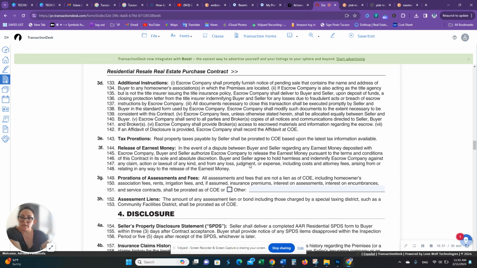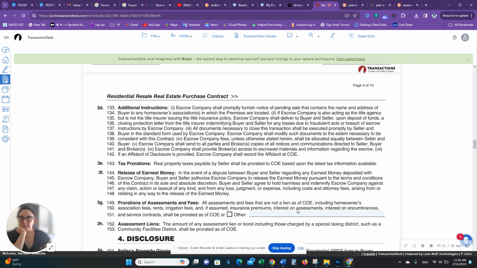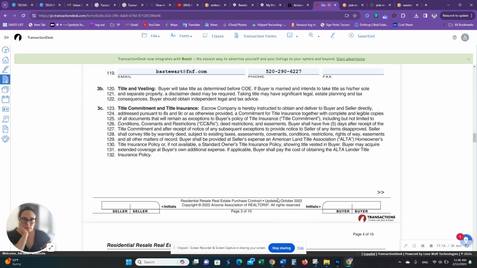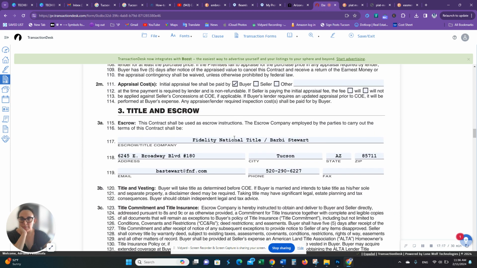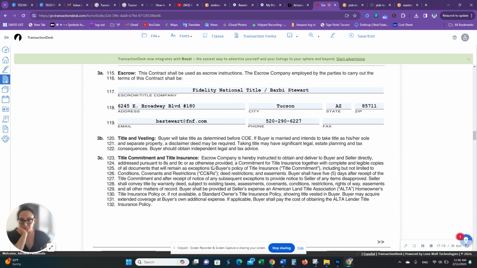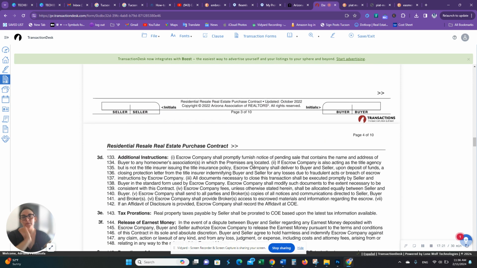I always recommend my clients to at least get Legal Shield, so that if there's anything that you have a question about, you can reach out to them and they can explain everything in lawyer terms, if you can't afford an actual lawyer, because they do tend to be expensive. So anyways, that summarizes section 3, which is mainly title and escrow, and the documents that you should be receiving.